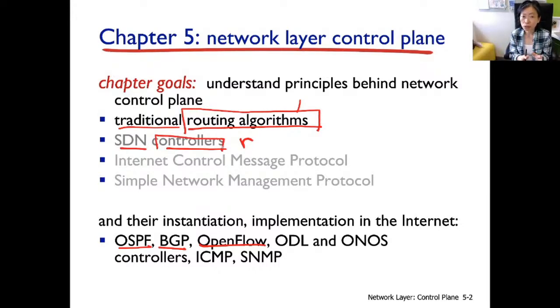Inside the remote controller, you could implement multiple routing algorithms, such as the one used by traditional routing. You can also implement other routing algorithms, running simultaneously, and you pick and choose a particular route for a particular pair of source and destination. You could also specify preferences, costs, or other functions.